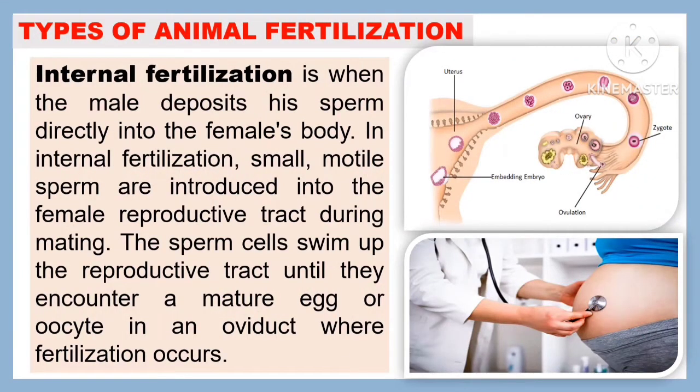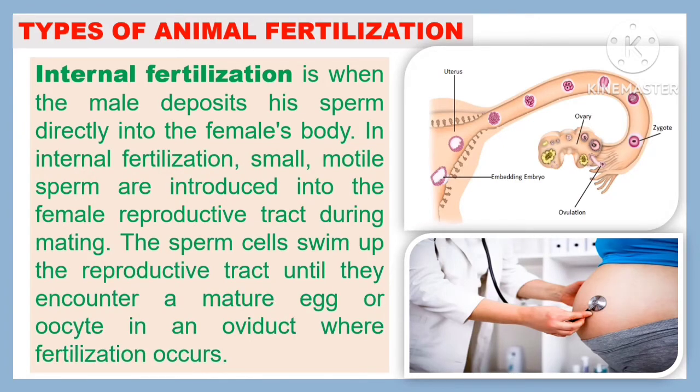Another type of animal fertilization is the internal fertilization. Internal fertilization is when the male deposits his sperm directly into the female's body. In internal fertilization, small motile sperm are introduced into the female reproductive tract during mating.